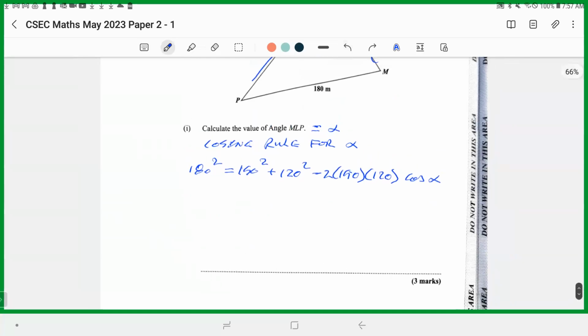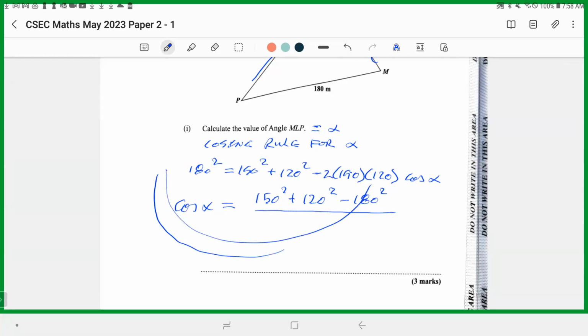The cosine of alpha is going to be 150 squared plus 120 squared, minus 180 squared, divided by 2 times 150 times 120. And then alpha is going to be the cos to the minus one of that.